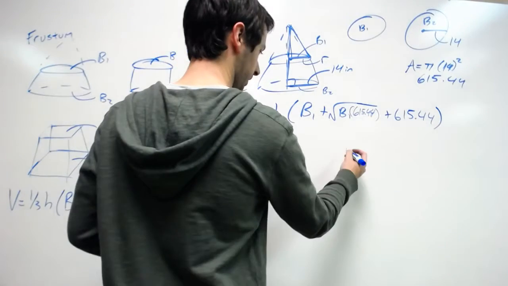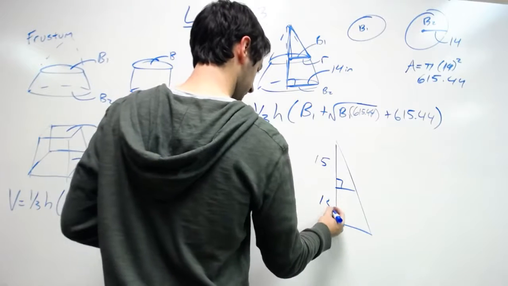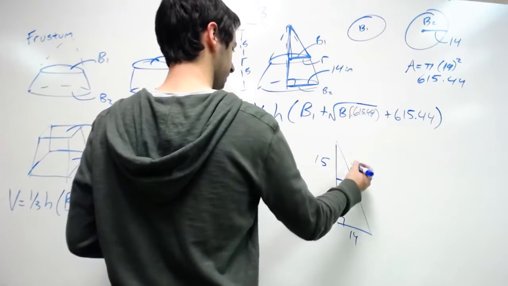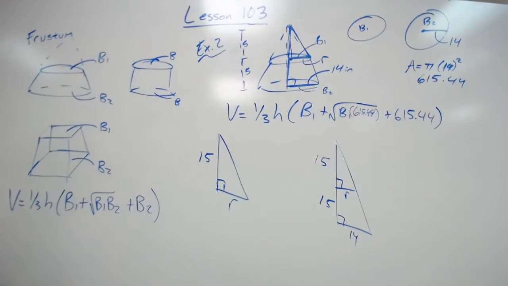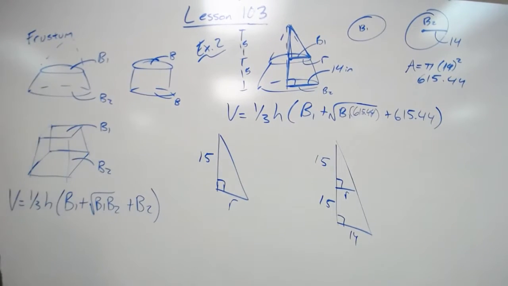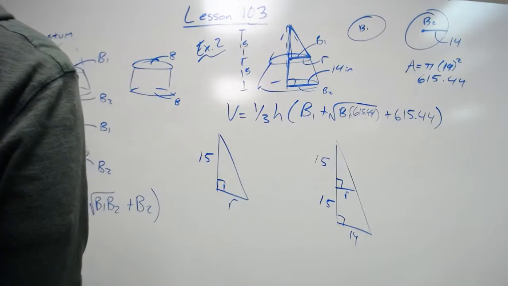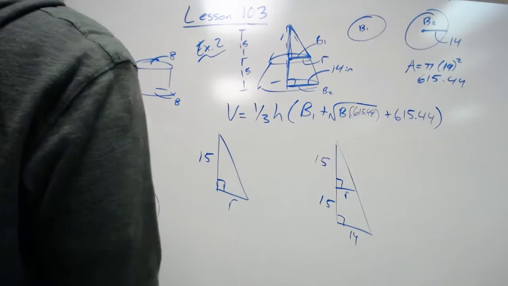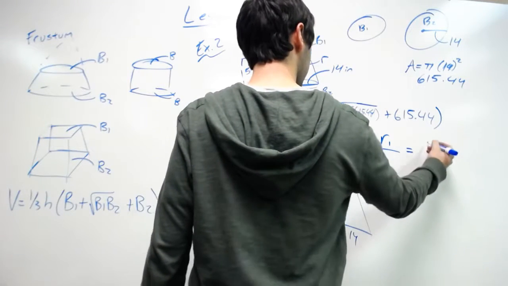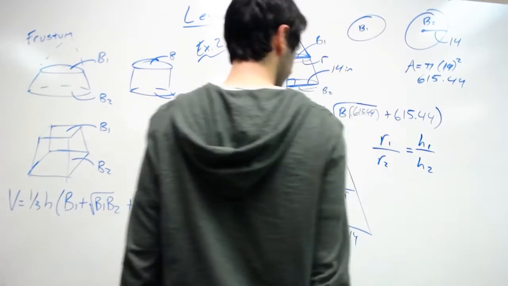Okay? We have our overall shape, 15, 15. We know this is 14. That's my radius. So because they're the same shape, just a different size, we know they are proportional. So in order to find the radius, we can set up a proportion: radius of base 1 over radius of base 2 equals the height of base 1 over the height of base 2.